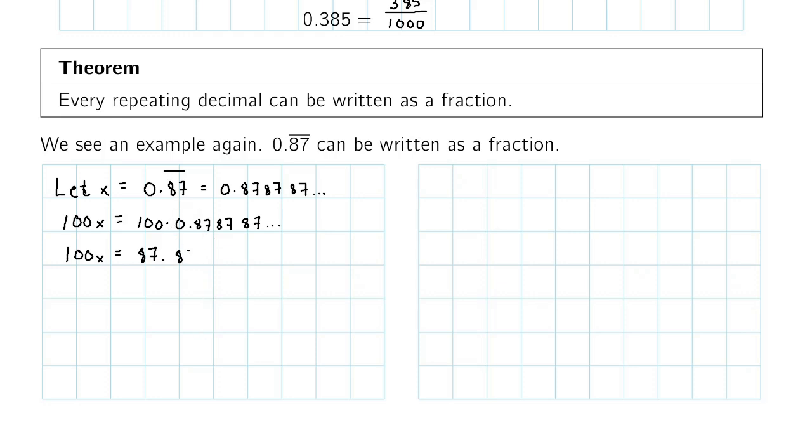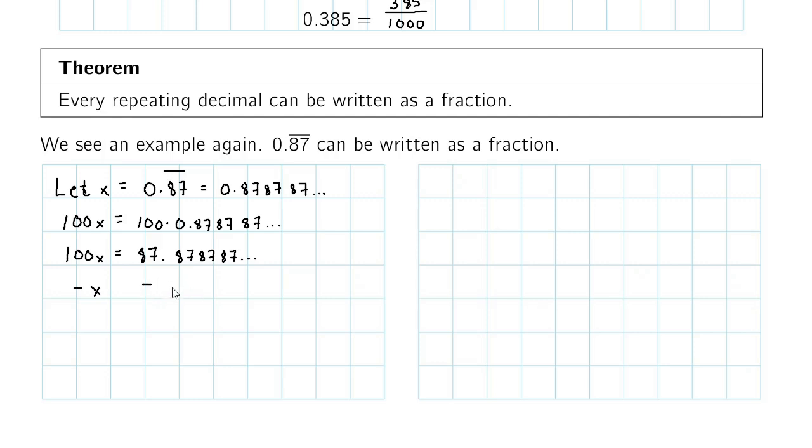So 0.87, 87, 87, etc. Okay, and now I'm going to do a trick. I can subtract the same number from both sides of an equation. I'm going to subtract the number x from both sides of this equation.